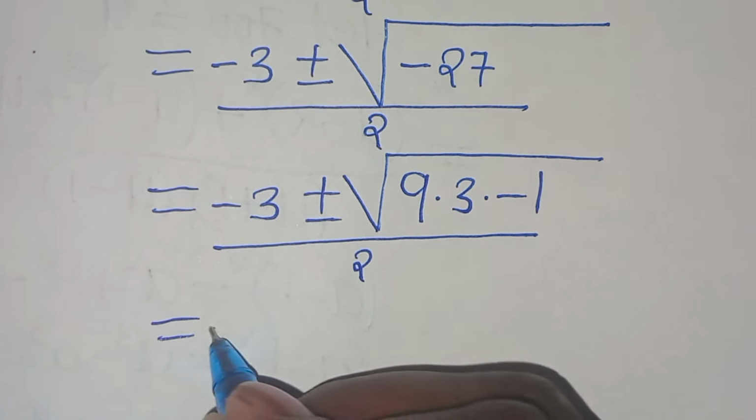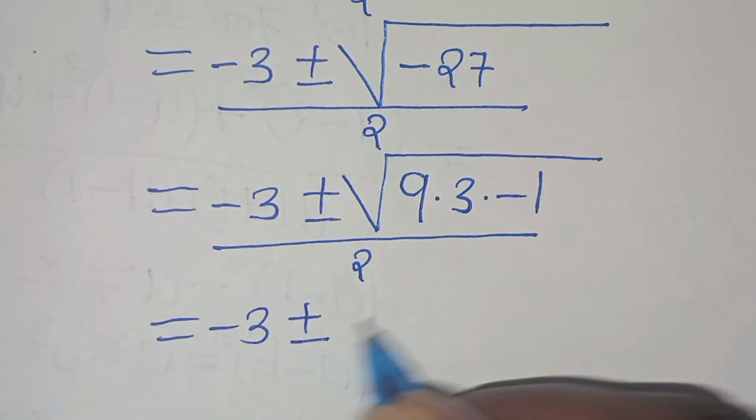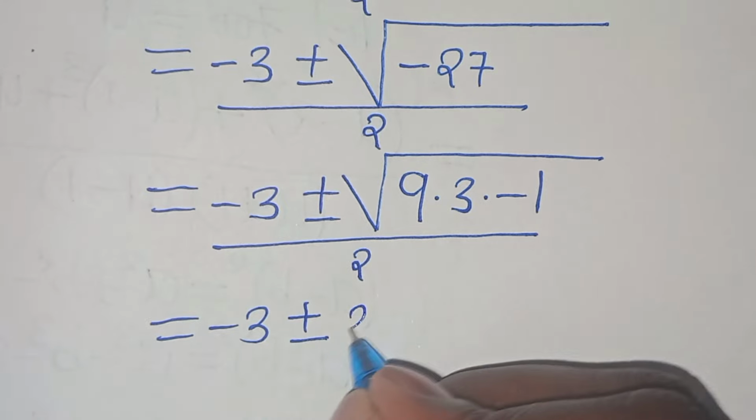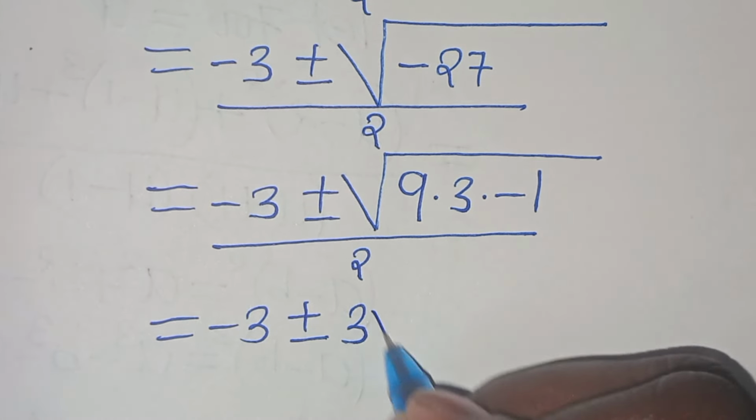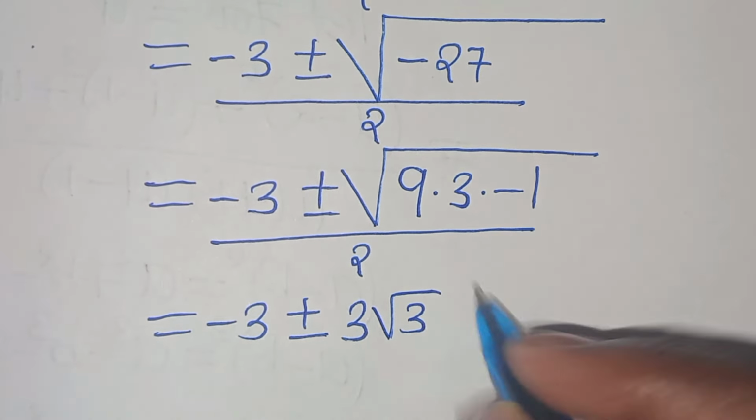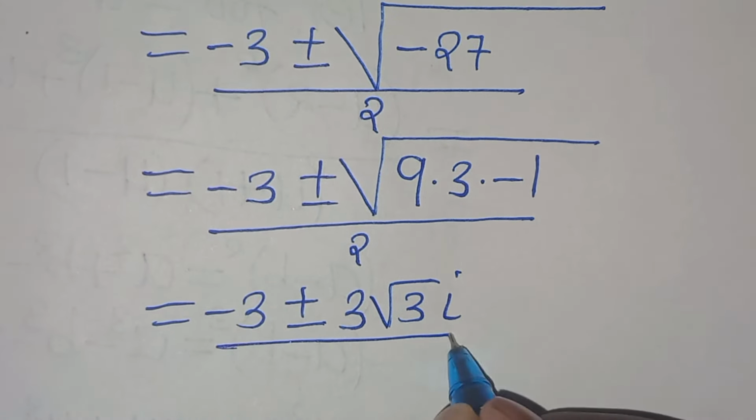So this means we have minus 3 plus or minus the square root of 9, this is 3, the square root of 3, then square root of minus 1, this is i, then divided by 2.